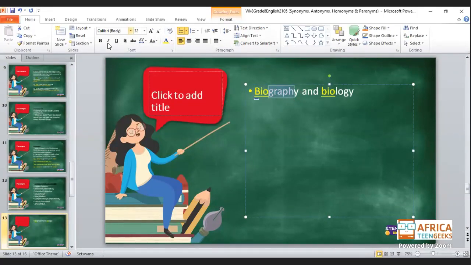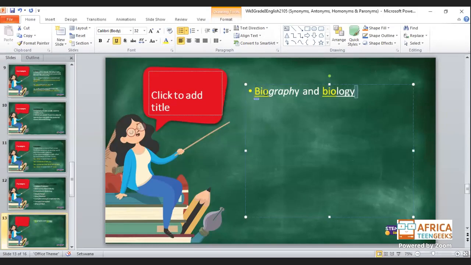Let me write it in italic. So graph there is our root. Then logi is not a root, but a suffix. Let me underline it in white. It is a suffix which means the study of. From biography, it means the life.